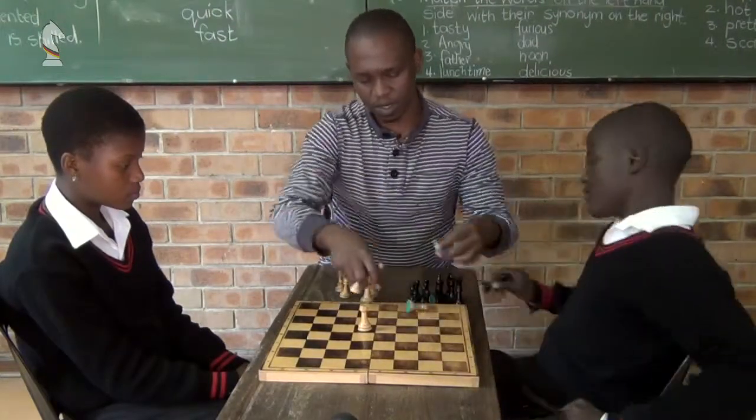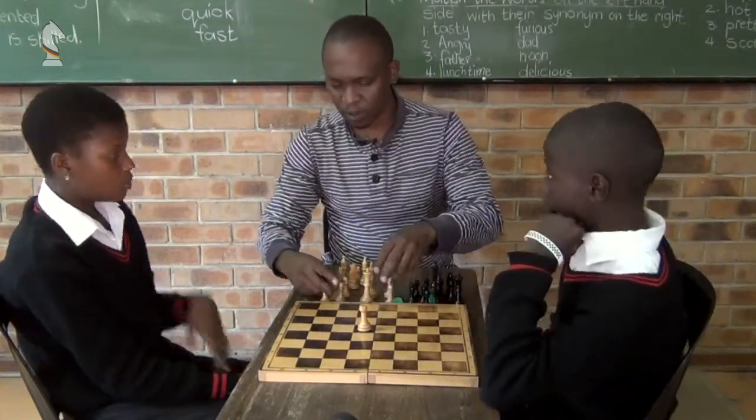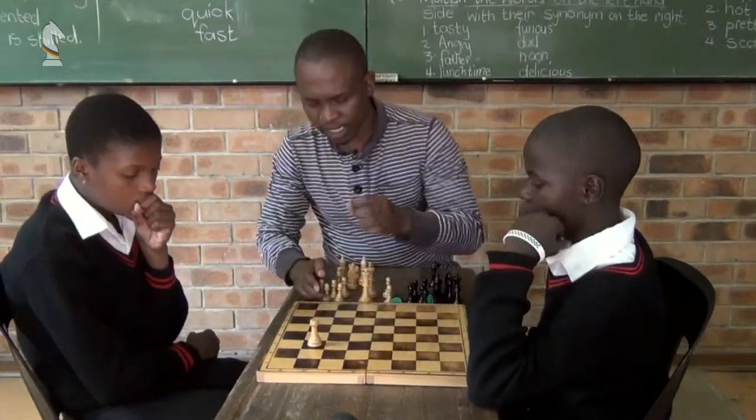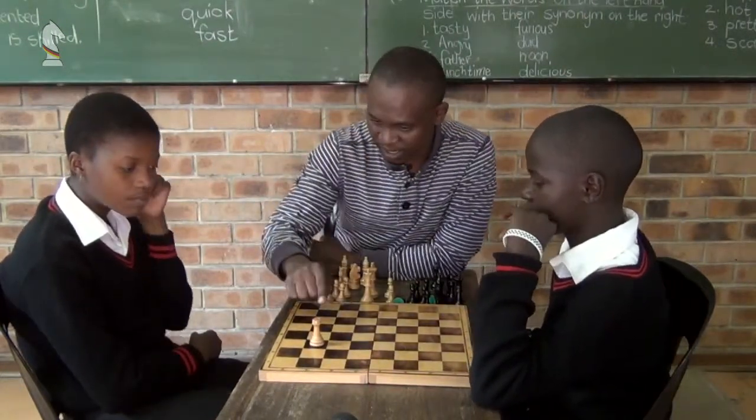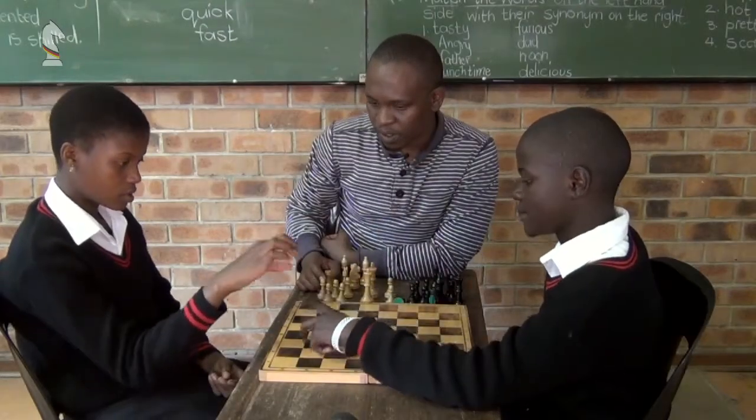Now we imagine the rook is on C7. So I'm going to remove the rook. It's on C7. How many squares can the rook move to? 14 squares.